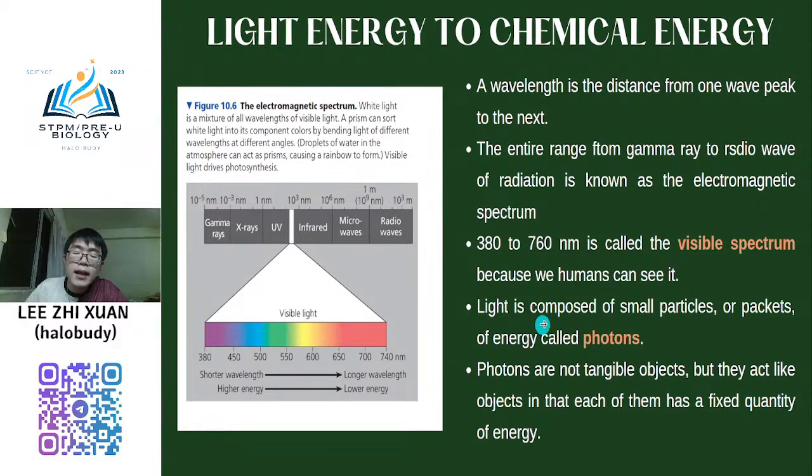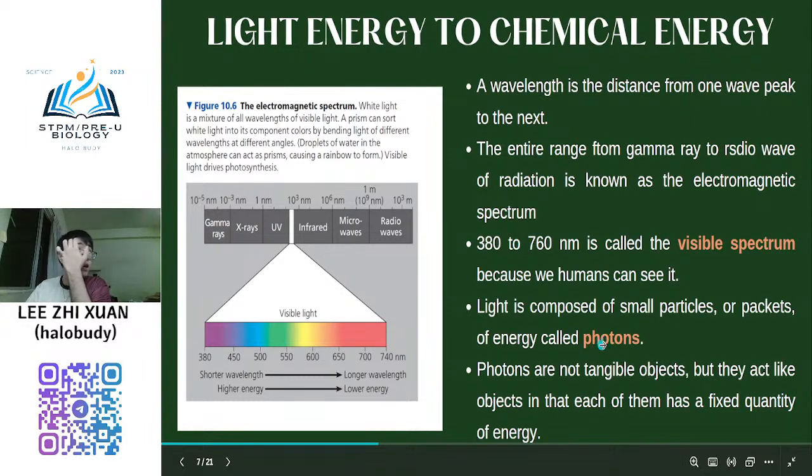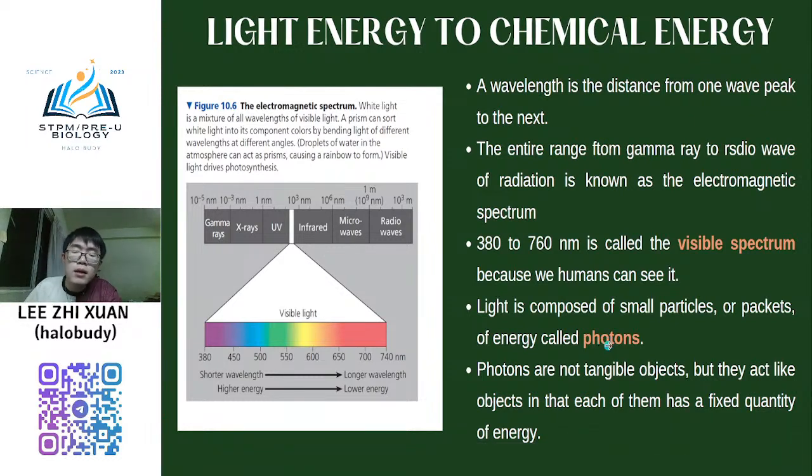Okay, and then light is composed of small particles or packets of energy called photons. This one, photon, I think is very hard to visualize. It means that in light, there are actually many small particles of energy.